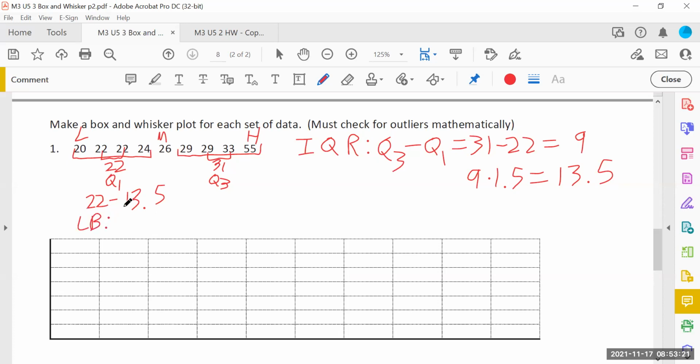Lower boundary is 8.5. Upper boundary, I'm going to take my Q3, 31, and I'm going to add 13.5, which gets me 44.5. That's my upper boundary.